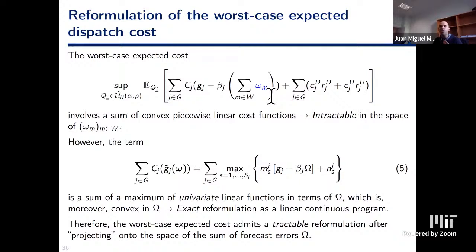However, it can be rewritten as a sum of univariate linear functions in terms of the aggregate system-wise forecast error, capital omega. This rewriting allows for an exact reformulation of the inner supremum as a continuous linear program if we work instead in the space of the capital omega instead of working in the space of the small omegas.